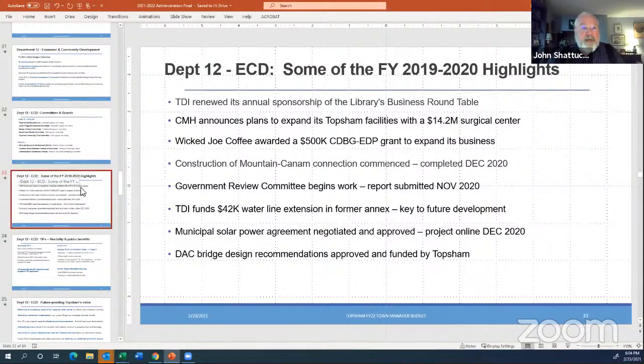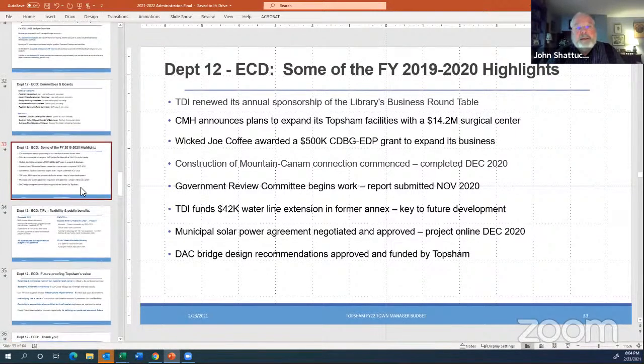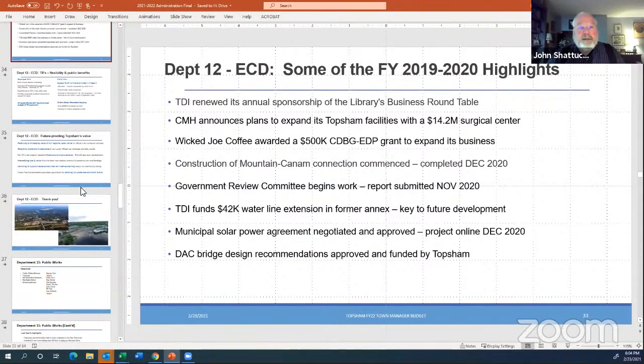We had a brief discussion on the last item just as we were getting ready to start tonight's meeting. The bridge design has been approved and funded by the town in last year's budget and approved at the town meeting last summer. So we're moving forward. Next one.